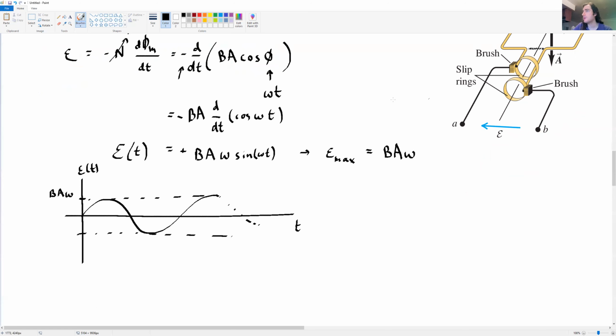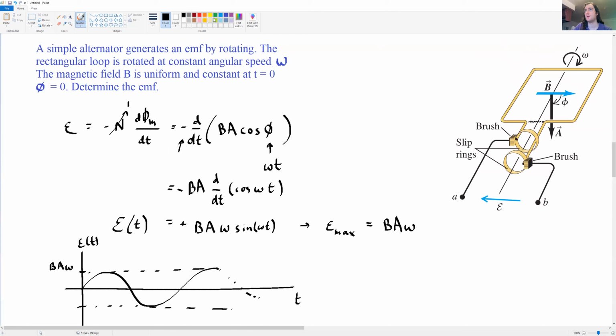Now, there are some issues here with this. Namely, you can see some crazy stuff going on over here with these devices called brushes, okay? What these allow us to do is make sure that the polarity of the voltage is in the direction that we want it to be in. In this particular example here, the brushes are always in contact with the leads of the loop.